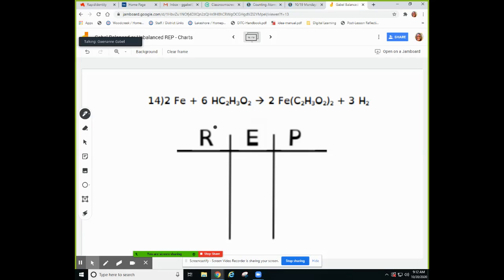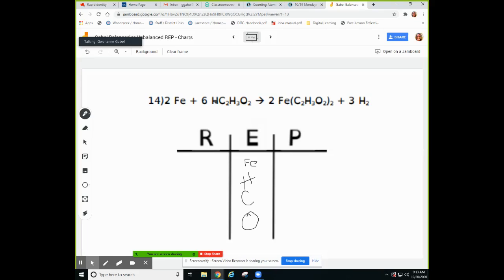So I wanted to show you a more complex equation where there's parentheses and a coefficient, and you have to do a lot of distributing. So again, my first step is to write down the elements that are involved in this chemical reaction. We have iron, we have hydrogen, we have carbon, and we have oxygen.